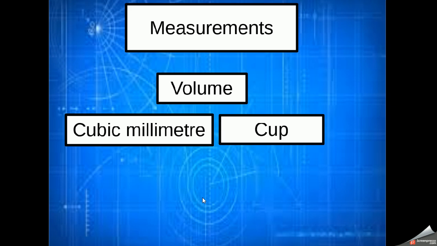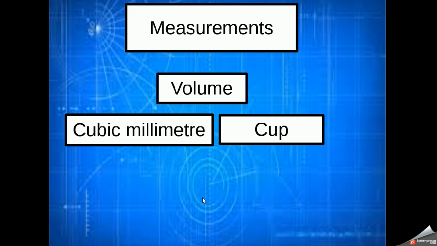Our last type of measurement that we have to look at then is volume. Volume uses a cubic system. When you eventually look at the volume of a cube in geometry, we work out the volume of a cube by multiplying its sides by each other.